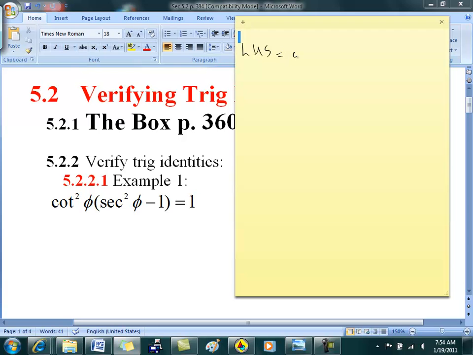So then the left-hand side becomes cotangent squared phi times tangent squared phi. Do I know what cotangent squared phi is in terms of tangent? 1 over. Nice. Which is equal to the right-hand side. So a fairly simple trig identity to start out with. Okay, fairly simple.